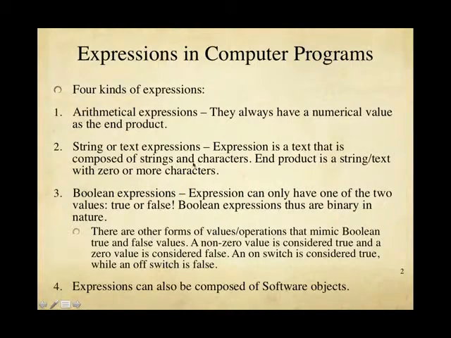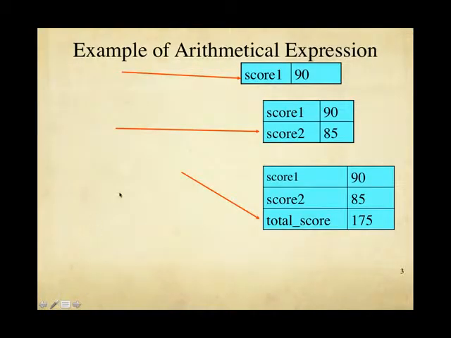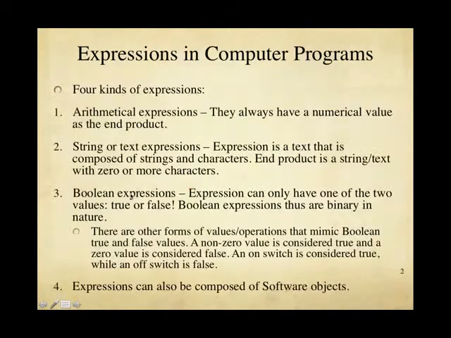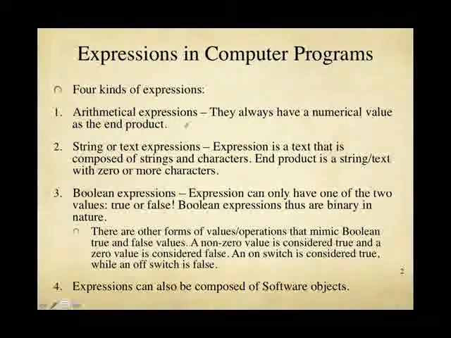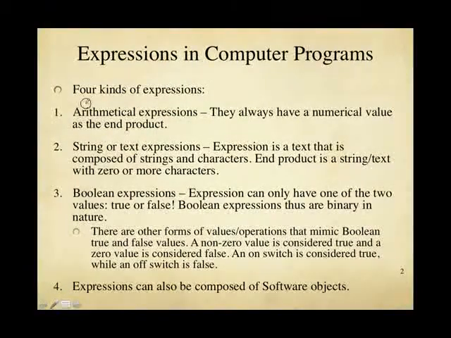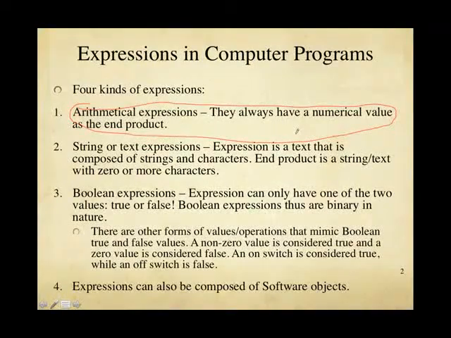So basically, before we even do that, we need to talk about four kinds of expressions that are there in computer programs. One is called arithmetical expressions, and they always have some sort of numerical value as the end product.